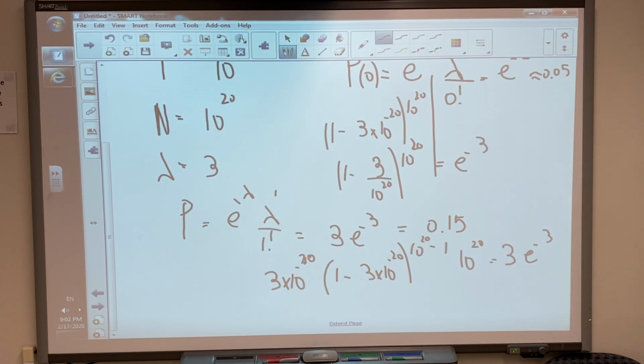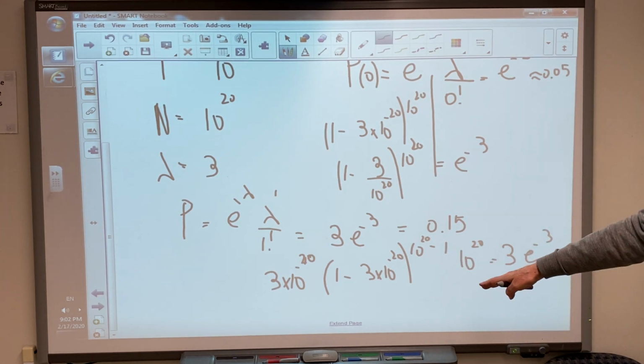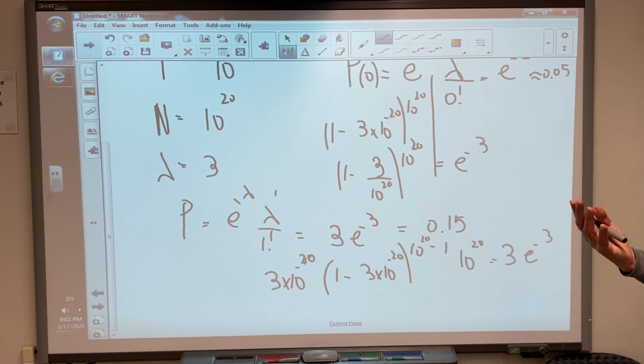Only in the last ones that have very small probability you might get 30% off. When one of them should be 10 to the minus 9, you will get 2 times 10 to the minus 9. But only in the very, very far tail of the distribution. For the main part of the distribution, when the probability is big, you get a very good approximation.